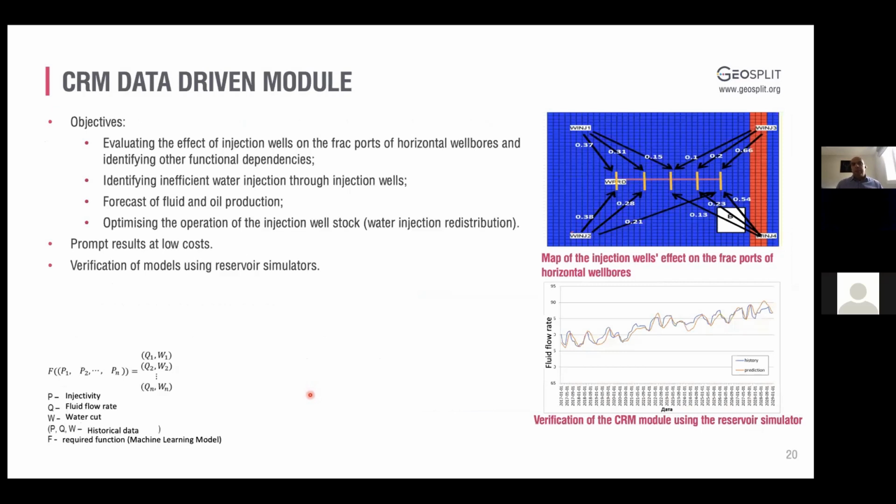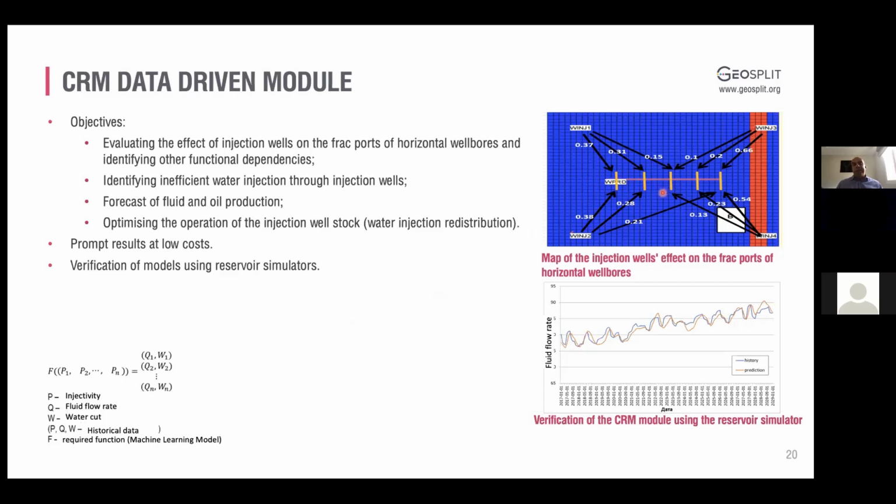So now, going a little bit more into detail on the data-driven models that were used. One of them is the capacitance resistance model, which is not new in petroleum data-driven analytics, but what's specific in this case is that, as I mentioned, the production profile is not only looked at on each producer level, individual well, but rather at every single hydraulic fracturing stage in the case history that was explained.